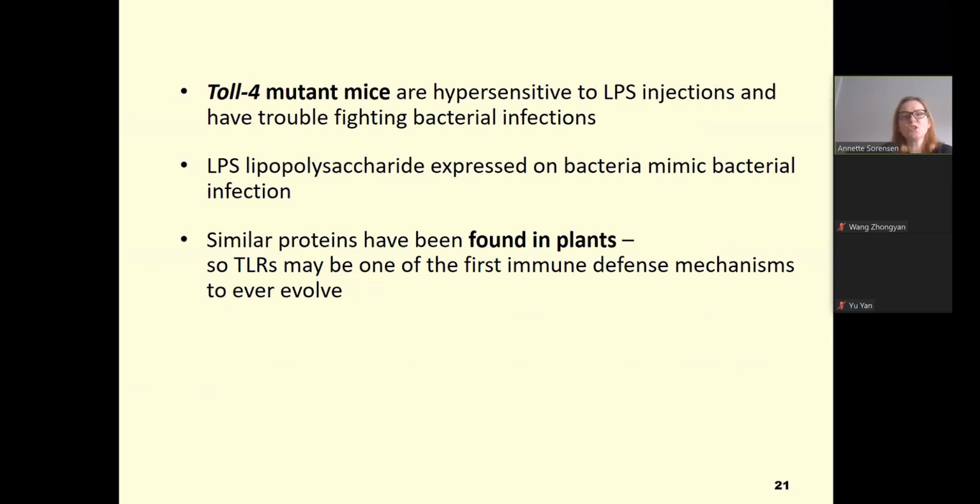That these toll receptors are very important for recognizing pathogens has also been shown when they looked at toll-4 mutant mice.